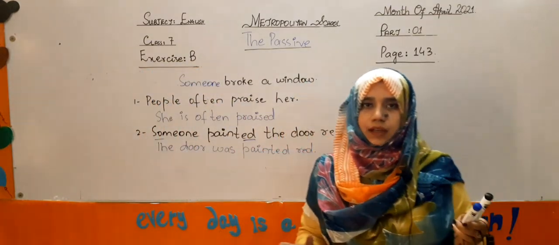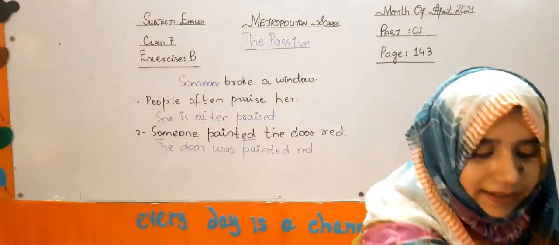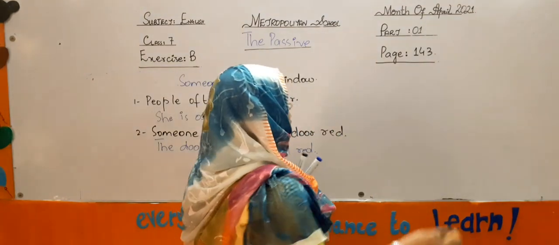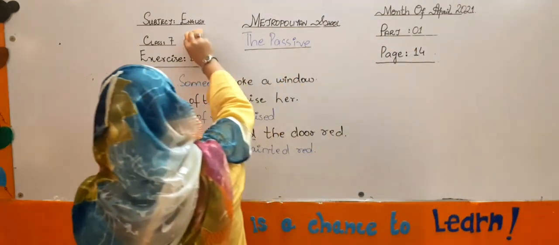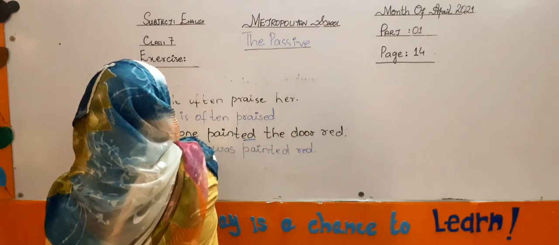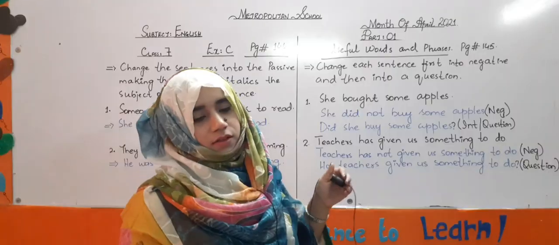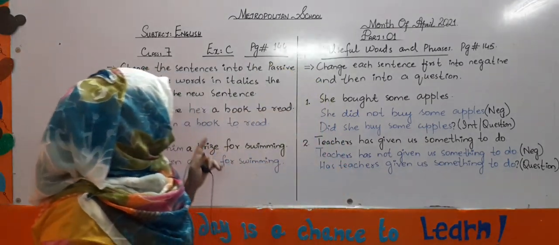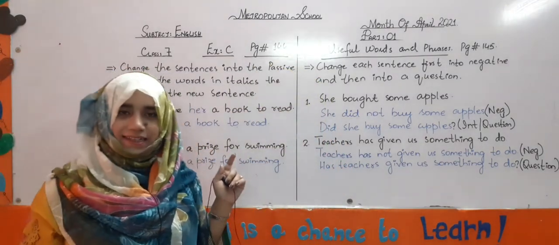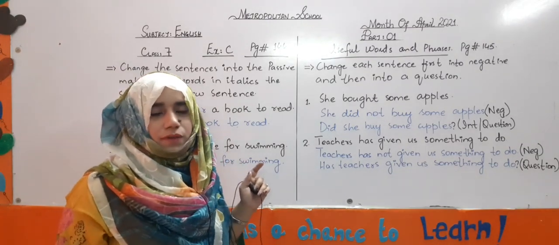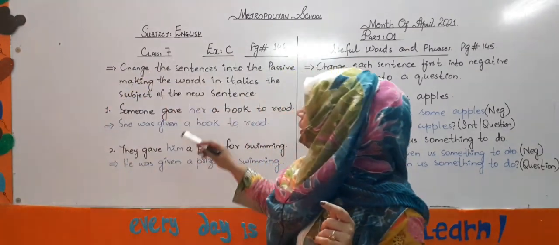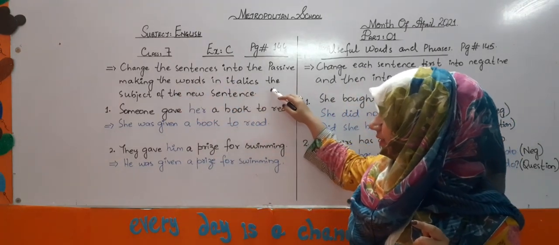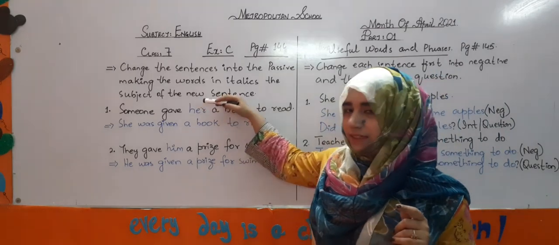Right now let's move towards another exercise of page number 144, that is exercise C, right? In this exercise you will have to change the sentences into the passive, making the words in italics the subject of the new sentence.